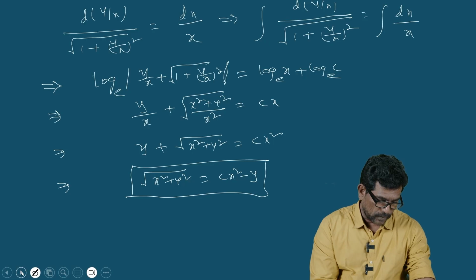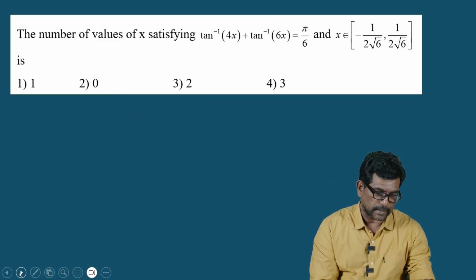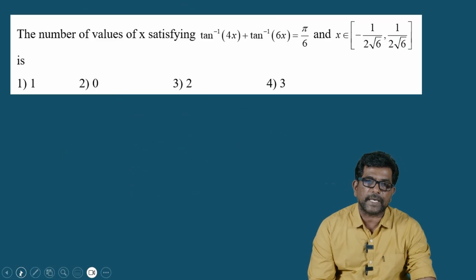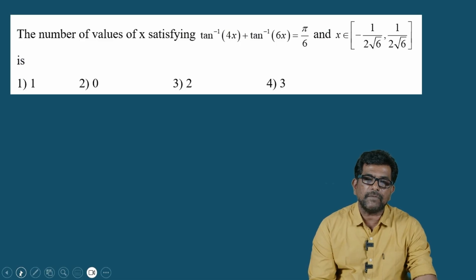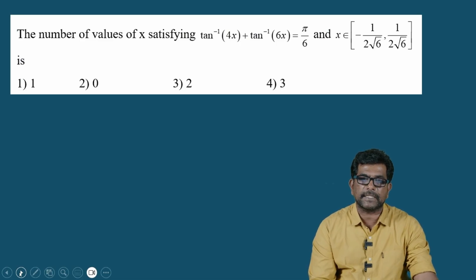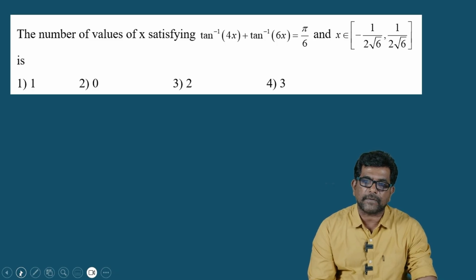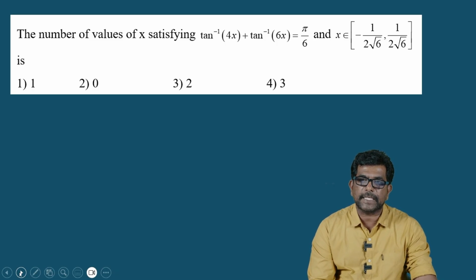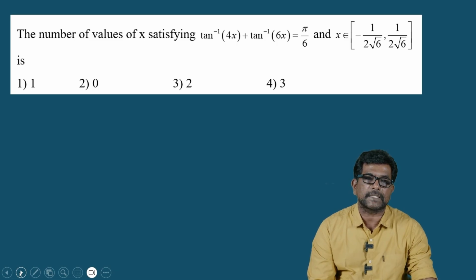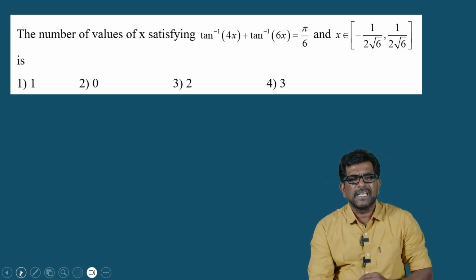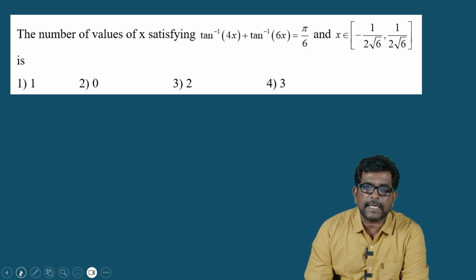Now the next question. The number of values of x satisfying tan inverse 4x plus tan inverse 6x is equal to pi by 6, where x belongs to the closed interval [-1/(2 root 6), 1/(2 root 6)], is what they are asking. That is, the number of values of x satisfying this equation.